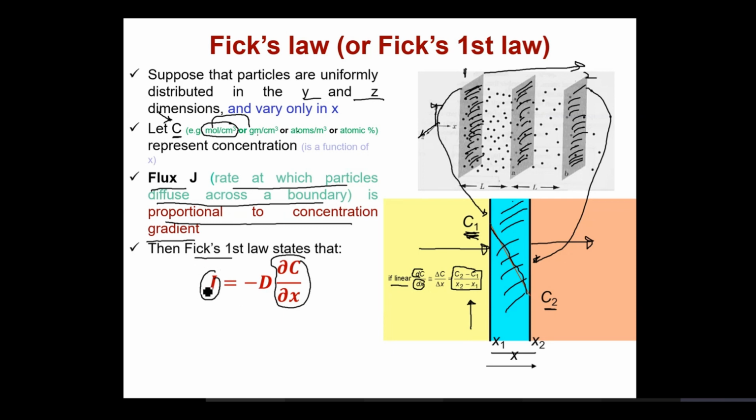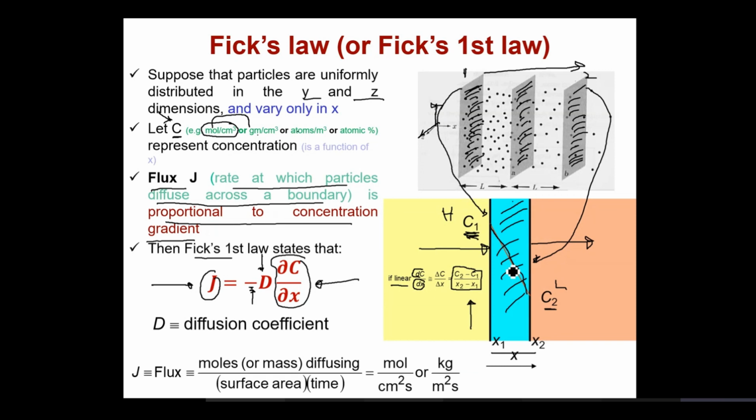This is Fick's first law, which says the rate at which particles diffuse across a boundary is proportional to the concentration gradient, and D is basically the diffusion coefficient, which we had mentioned earlier. It is a constant that defines how quickly one species can diffuse into another species. The negative term basically represents that the flux is moving from high concentration to low concentration. That's only the significance of a negative sign.